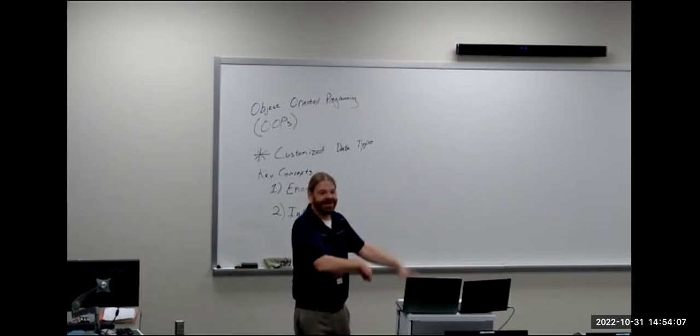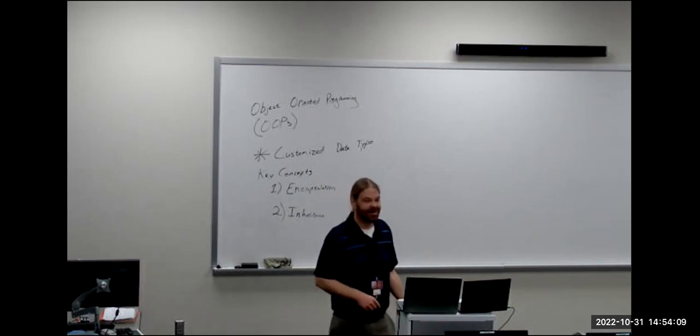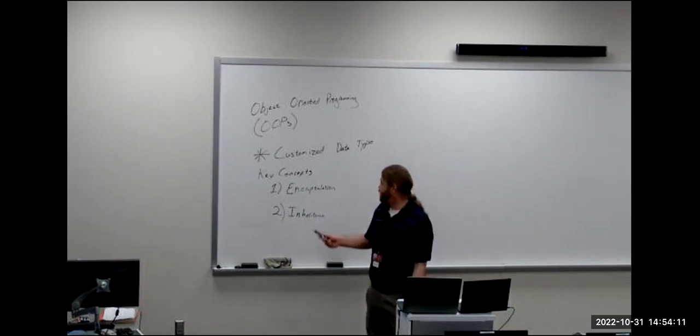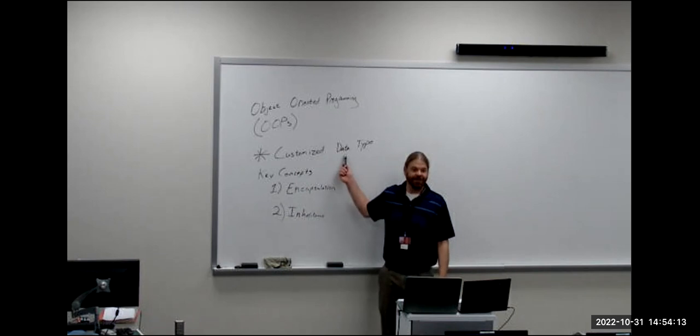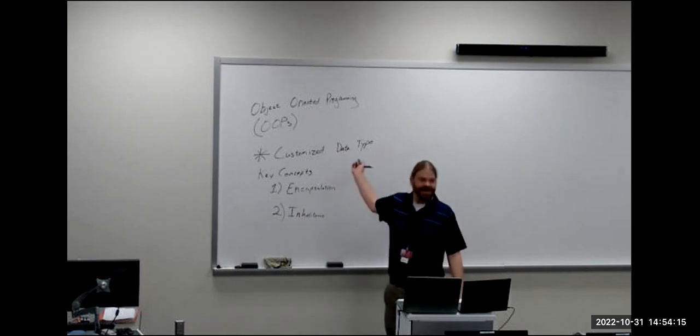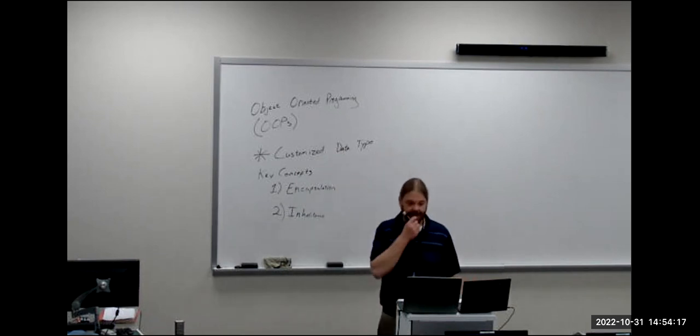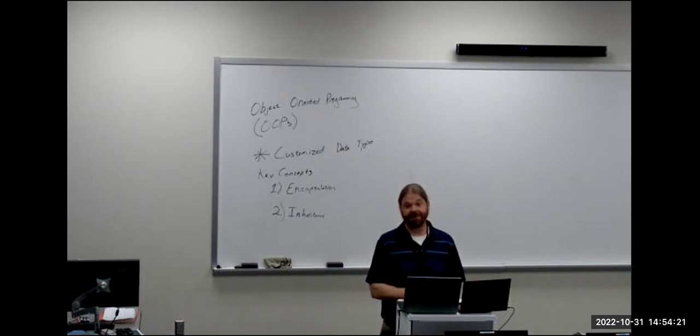We don't need 10 different variables to hold all those values. We define our own custom type of data, and then we have one variable that holds that custom type of data. And we can access the stuff inside it through it, which we've already been doing a lot of. That's what all the dots are.